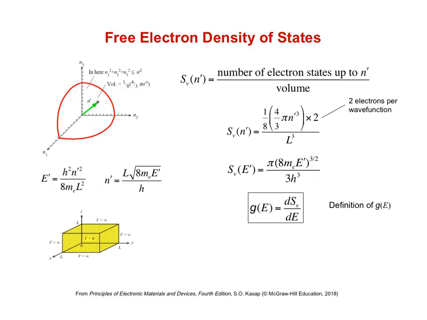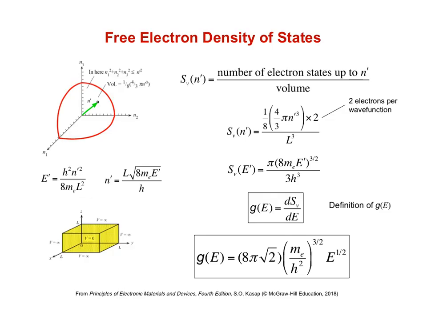Now, taking the energy derivative to get the density of states, we see that we will need to bring down a 3/2 and end up with energy to the power of 1/2, whereas the effective mass will be at a power of 3/2.